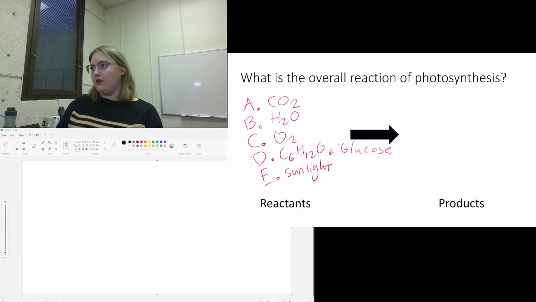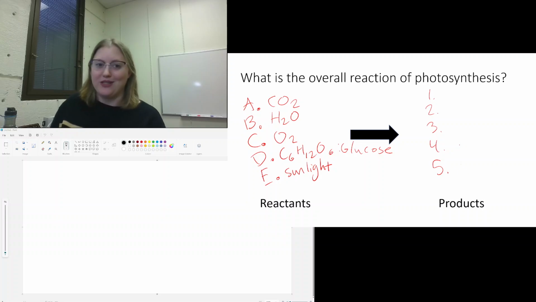So we're going to have 5 questions here. So answer reactant or product for each of those 5 iClicker questions, except for sunlight, where you might want to think a little bit further. Is it a reactant, a product, or is it something else? Okay.